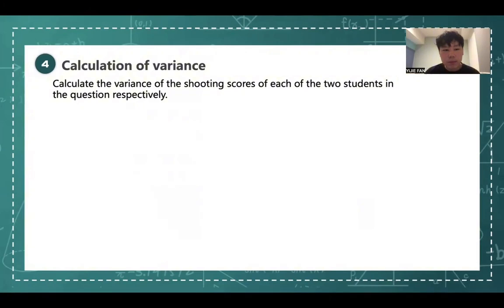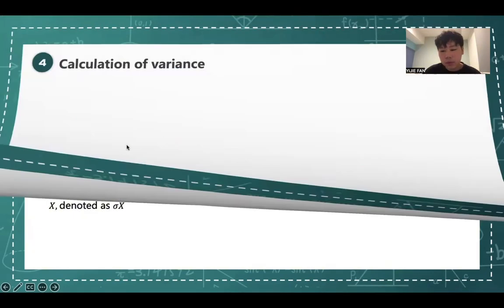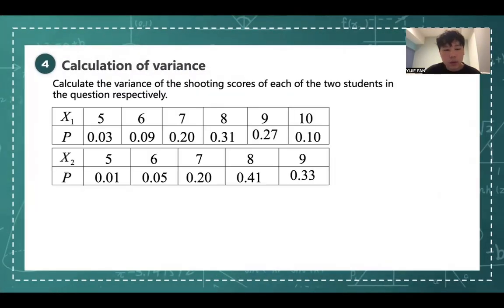Firstly, if we need to calculate the variance, we need to calculate the mean of the random variable first. EX1 and EX2 are both equal to 8.